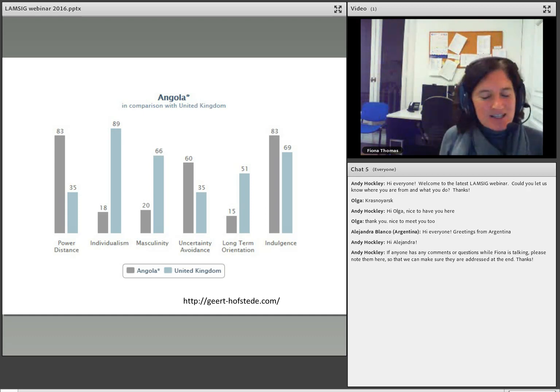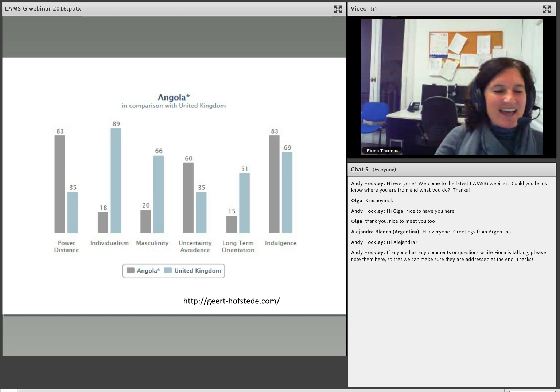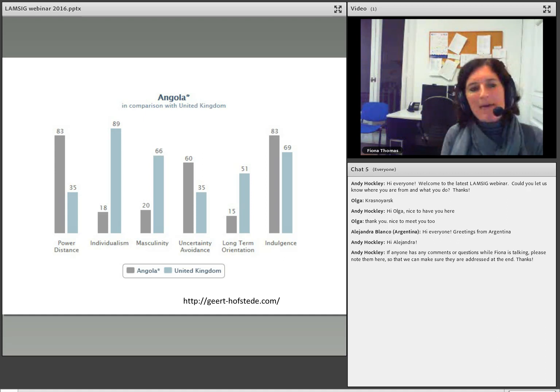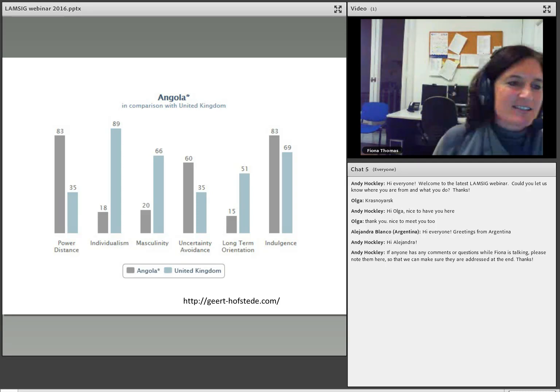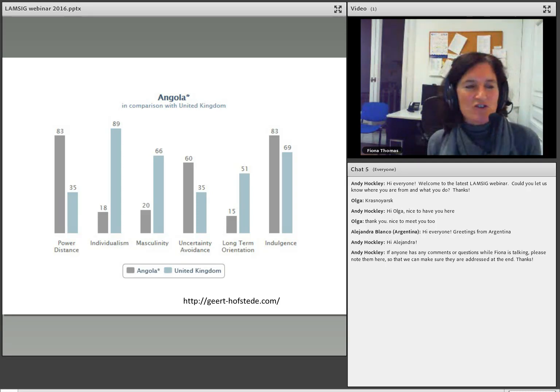And looking back at it afterwards, I went onto the Geert Hofstede website. It's a very interesting website where you can actually compare national cultural differences between countries. So I put in Angola and the United Kingdom. Now you can see here, he came up basically with 6 different categories, and he scored countries on these categories. Now they're not categories to say some country is better or worse.